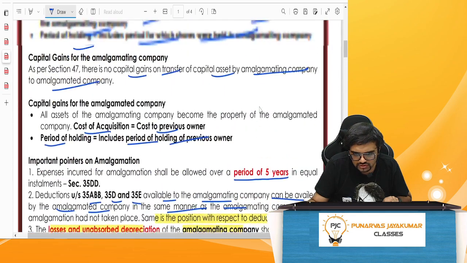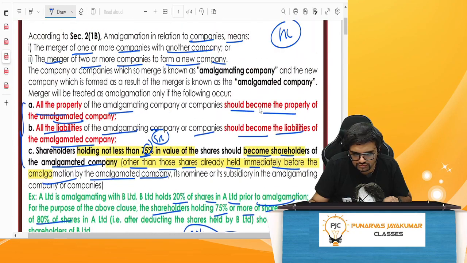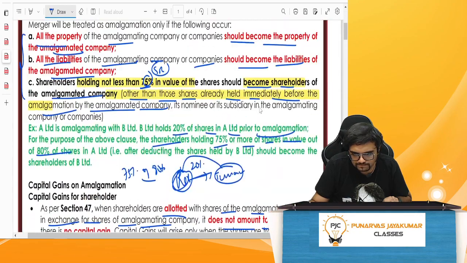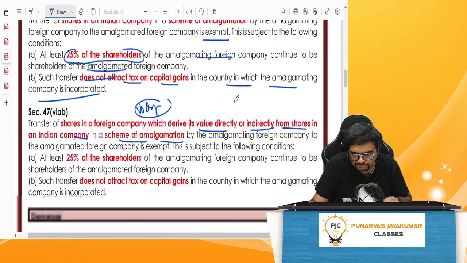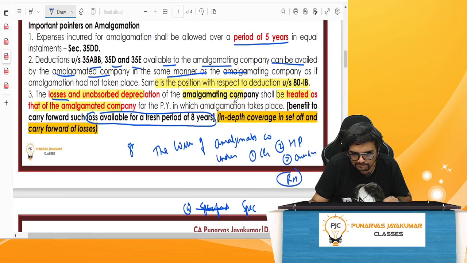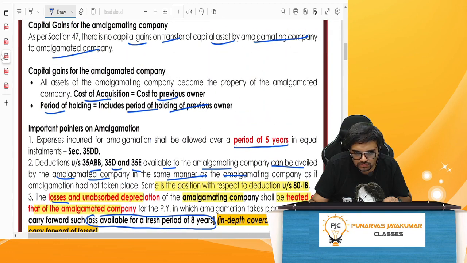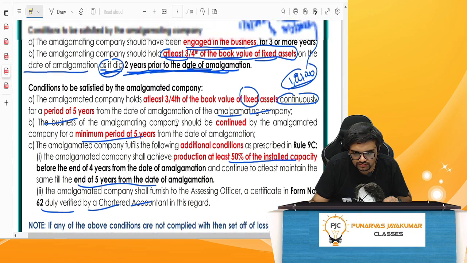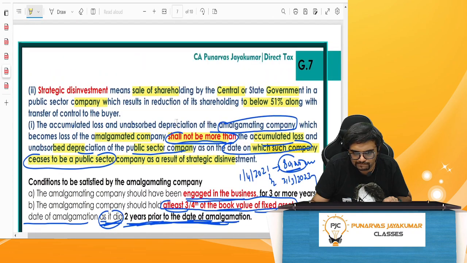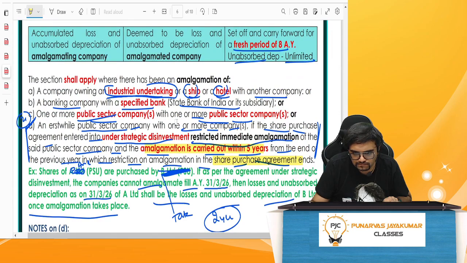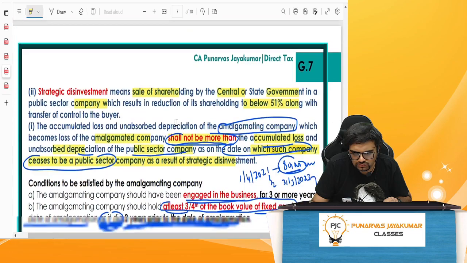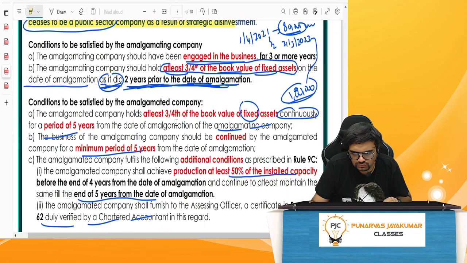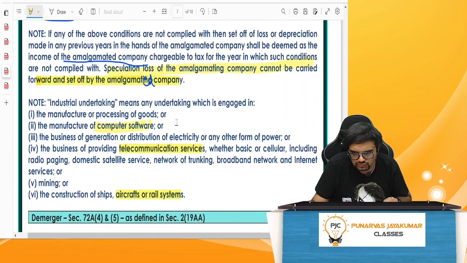Here no speculative business we saw; there only you can set off.